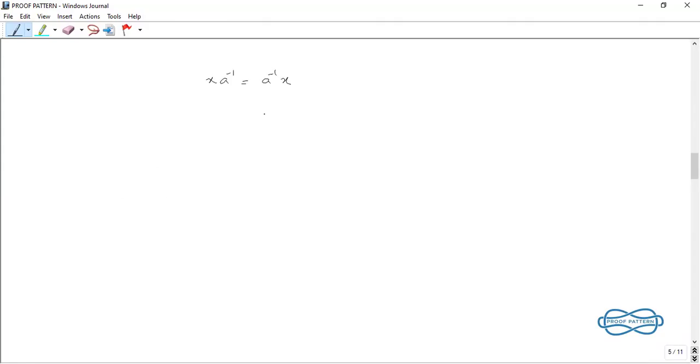And this shows that this a inverse commutes with every element of G. This means this a inverse belongs to the center of G. This means using the two-step subgroup criteria, the center of G is a subgroup of G, and that is what we have to prove.